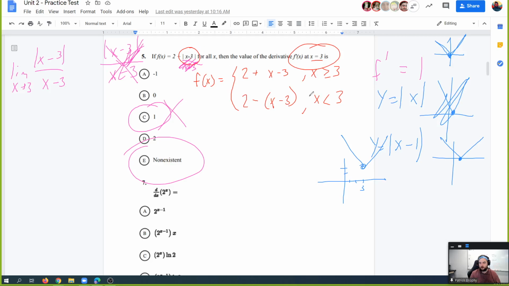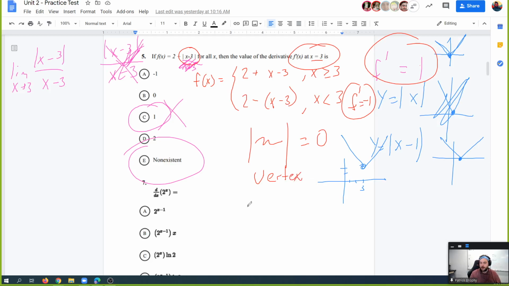Another way to prove it: the derivative of the top piece was 1, but the derivative of the bottom piece is negative 1 in how I wrote the piecewise function. Those are different derivatives, so we're not differentiable at x equals 3. The easiest way is to remember that where the absolute value of whatever equals 0, that's where the vertex happens, and you're not differentiable at that point.